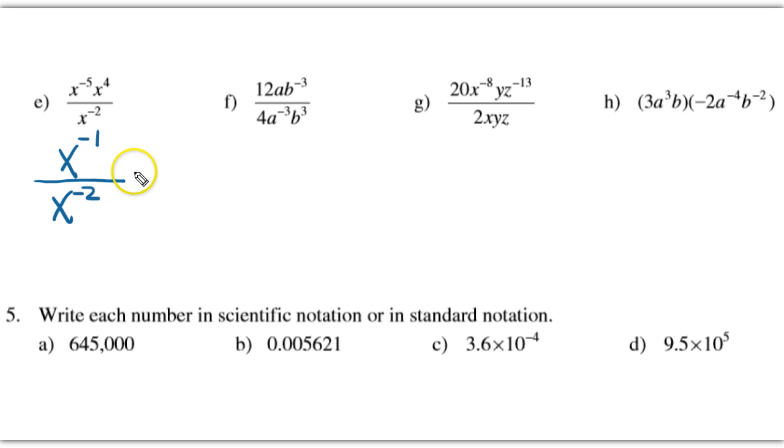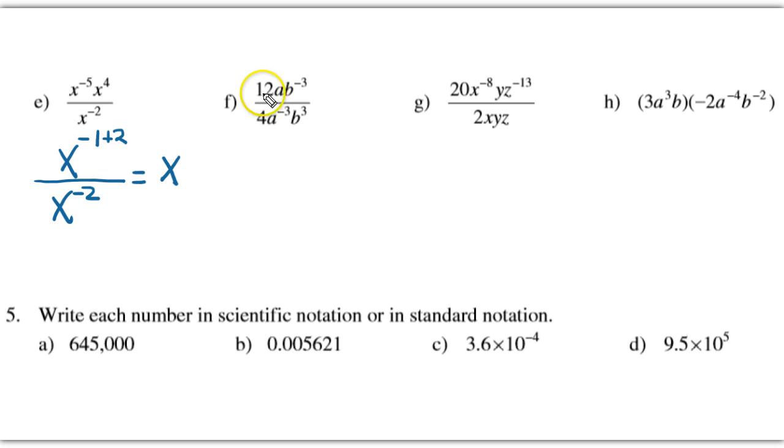Positive 2 and a negative 1 just leaves me with an x in the numerator. So once again, when we did the plus 4 and the negative 5, that gave us a negative 1. We brought the negative 2 up, that became a positive 2, which left us with x to the first. We don't write the 1.